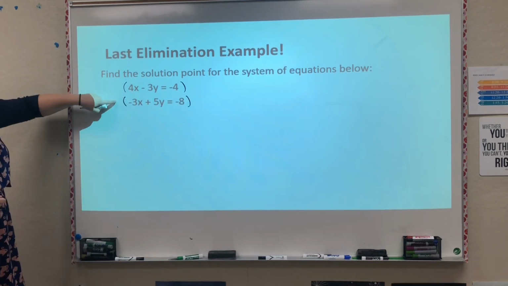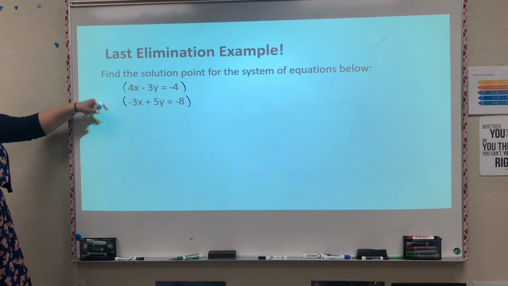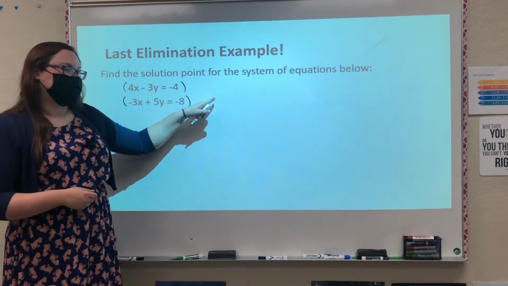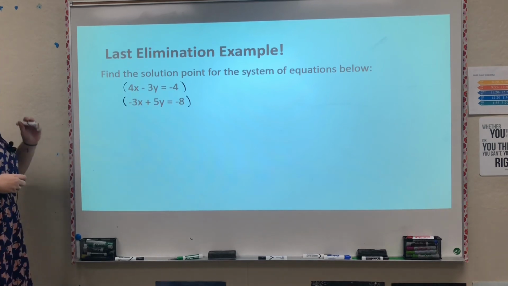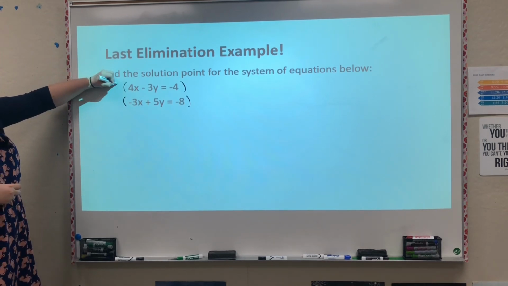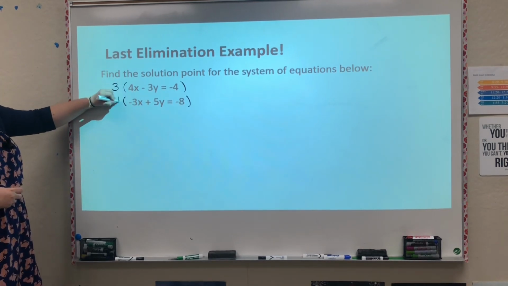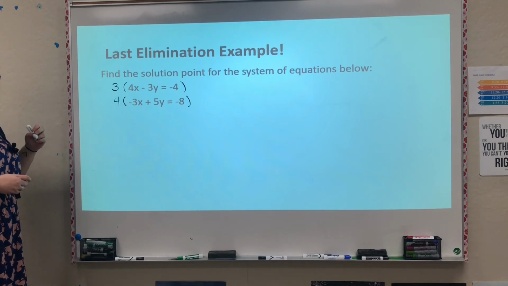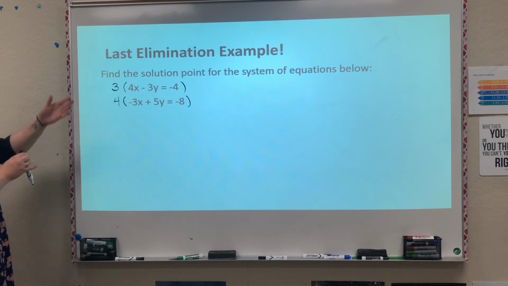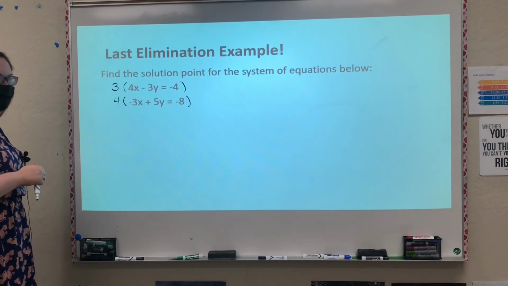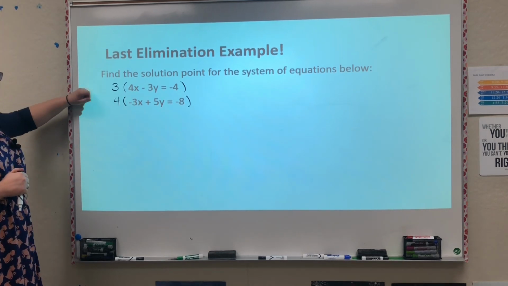And there's a pair of numbers you can use here so that after you multiply, you end up getting the same number. Do you see what two numbers we could multiply here? Yes, 3 and 4. Why did you choose 3 and 4?